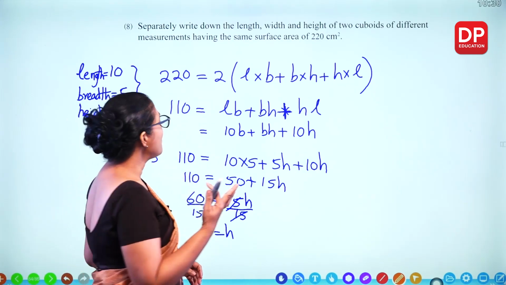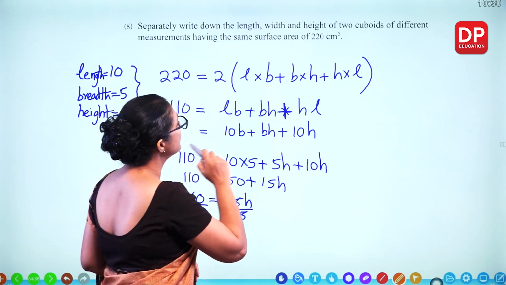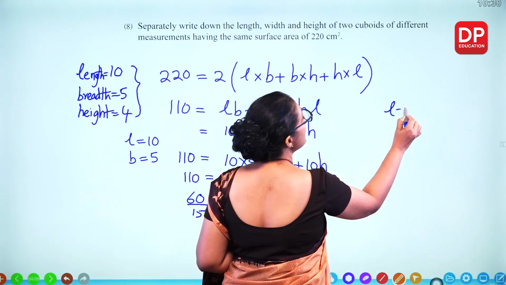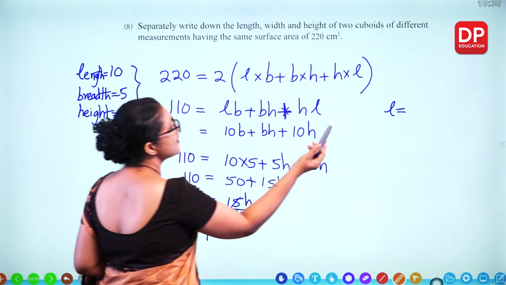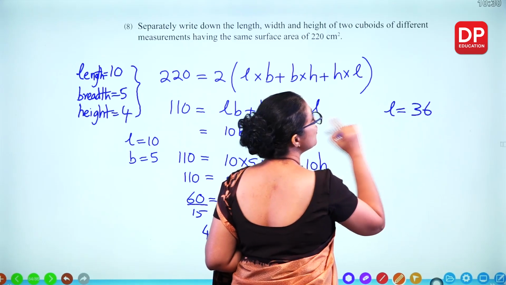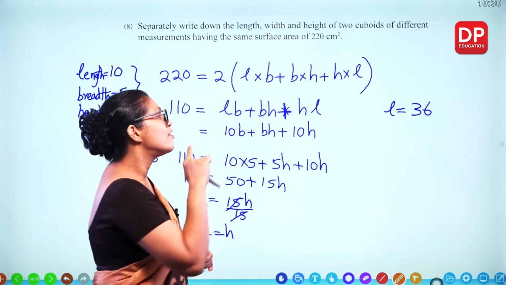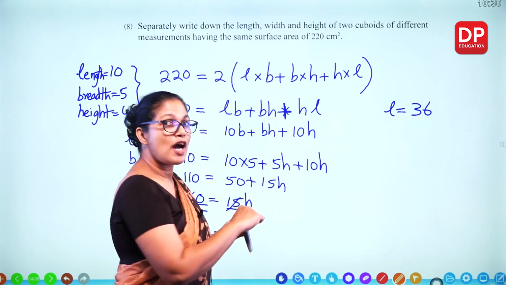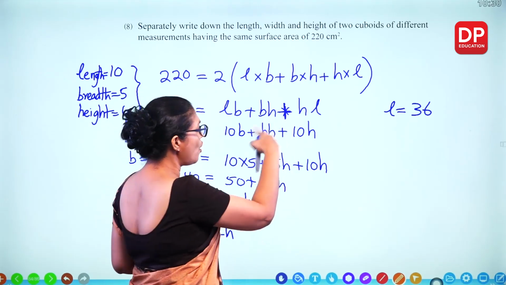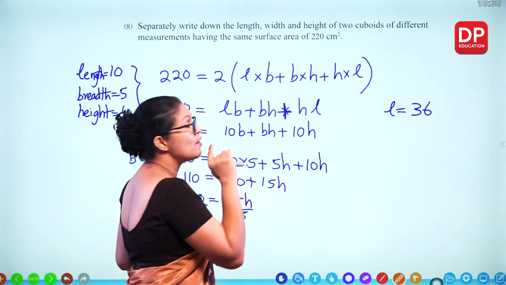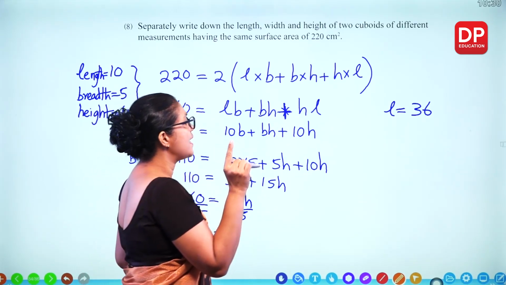We'll take another random number for length. We'll take L as 36. You have to try and see. When I tried, I found out 36 works for getting whole numbers for breadth and height.